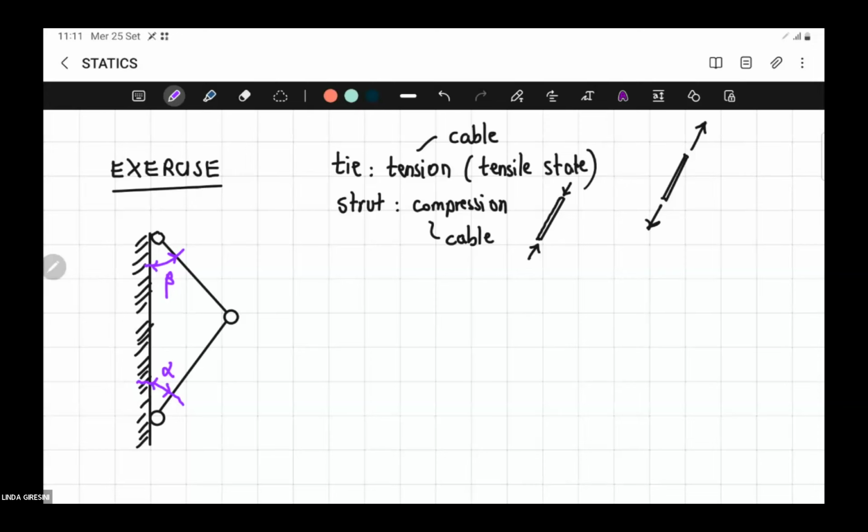And here there is a rigid element. So these circles are hinges. We will see them next week. They are typical supports or restraints that give internal reaction.